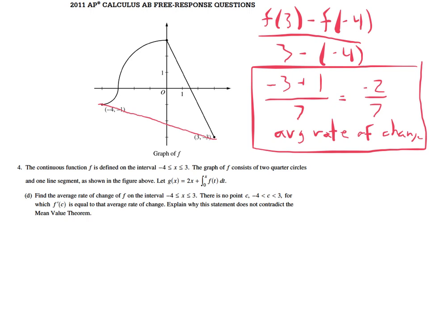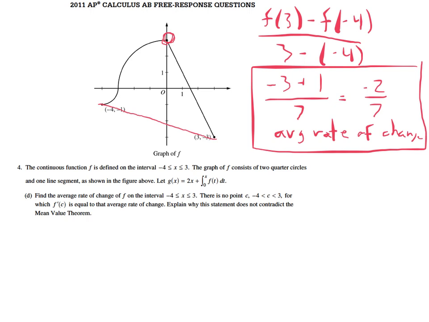Unless the function is not continuous and differentiable on the interval. Because we already talked about in the last one, we're not differentiable here. We have a cusp, the derivative is undefined. That means the mean value theorem does not apply.